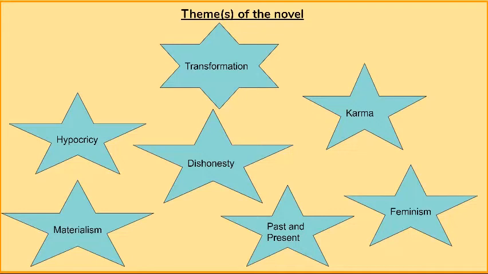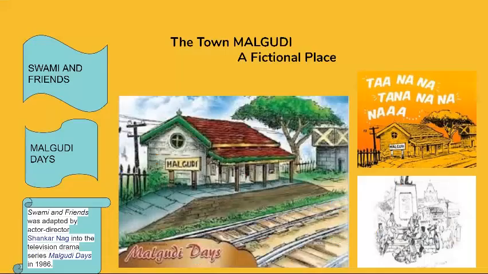Next theme is past and present. The novel shows the intersection of past and present in various ways. Feminism. Rosie is an educated woman who makes her own choices. She is a remarkably modern woman. Now, let's come to the sixth slide of the PPT. And here you see the town of Malgudi.